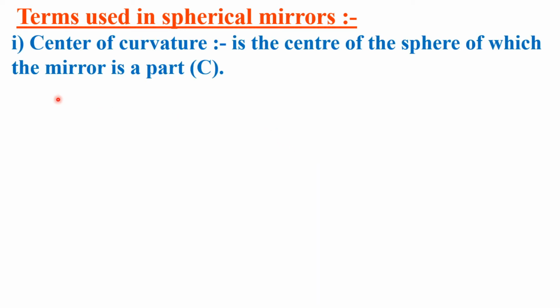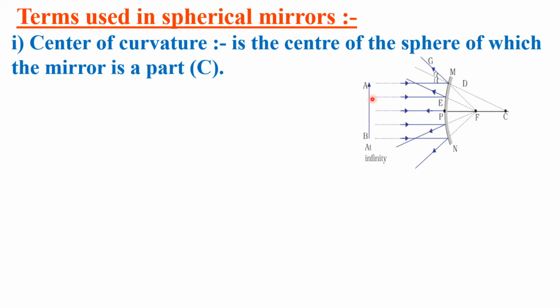Now let us consider the terms used in spherical mirror. The first one is center of curvature. It is denoted by capital C. The definition is, it is the center of the sphere of which the mirror is a part. See here, a mirror is there and this is the center of curvature.